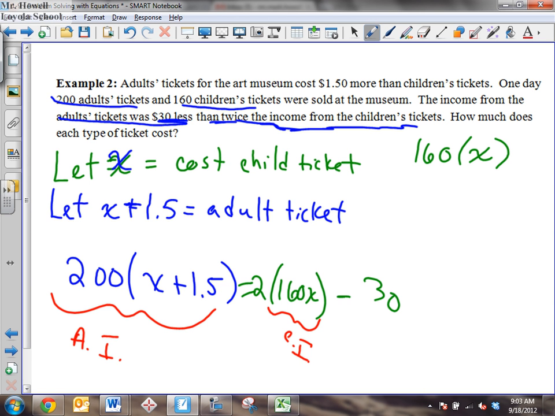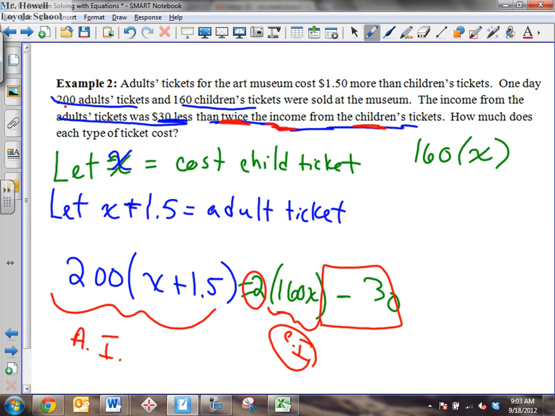But we were told that the income from the adult tickets was 30 less than, right here, twice the income from the children. Twice, this is the 2 here, the income from the children. Again, it's a very complex problem to solve this way. Once we get to systems, I would recommend we solve with systems, and it's a lot easier actually.